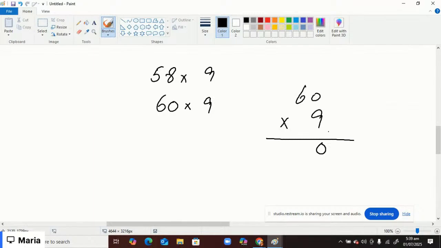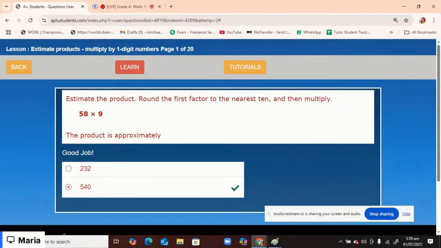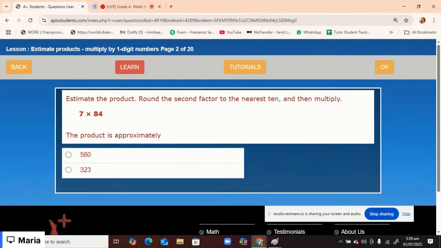We already wrote it here. Now tell me 9 times 6 is? 9 times 6 is 54, okay? That is 540. Let's see, is there any option? Yes, it's here. So here is the right answer.